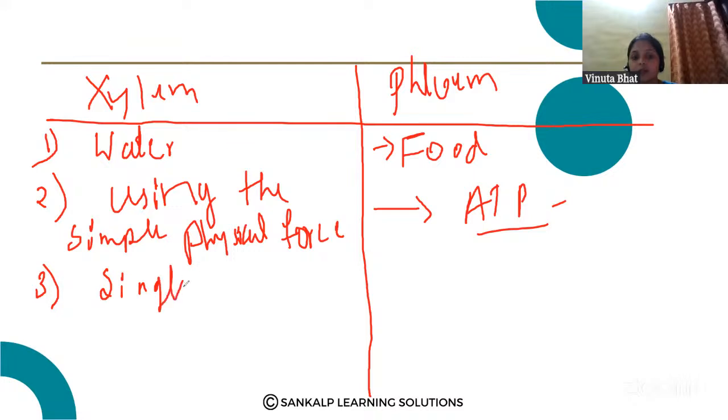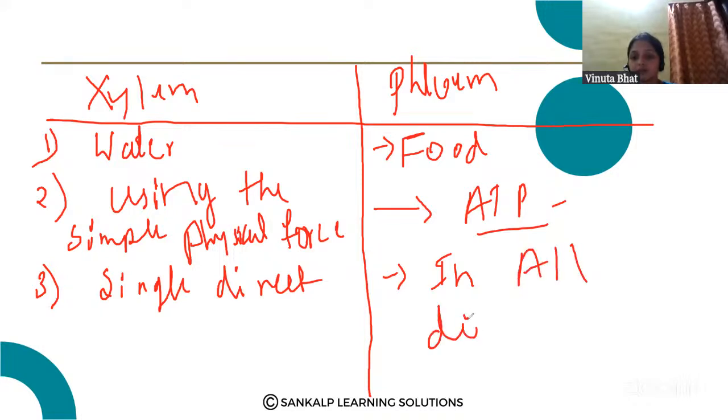But the food which is prepared in the leaves is transported in all directions. So that is the difference between the functions of xylem and phloem.